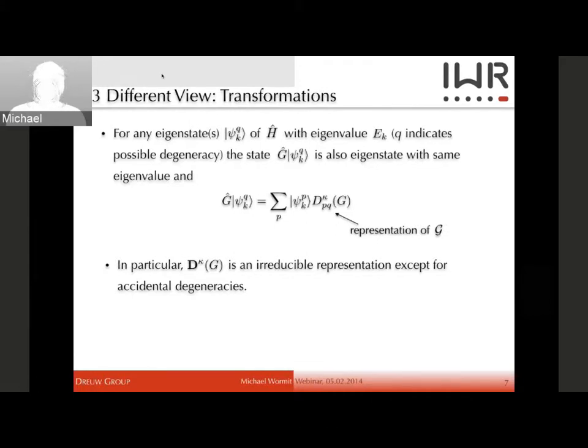And here, these factors are usually called a representation of G. In particular, this G is an irreducible representation, apart from if there are accidental degeneracies in the Hamiltonian, where you have identical eigenvalues although there is no symmetry reason for them, which might happen eventually.